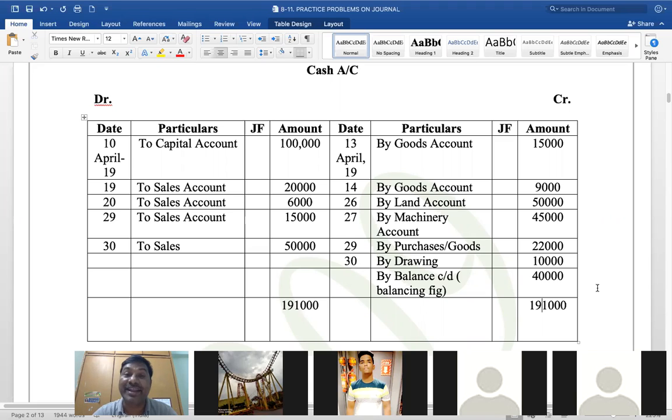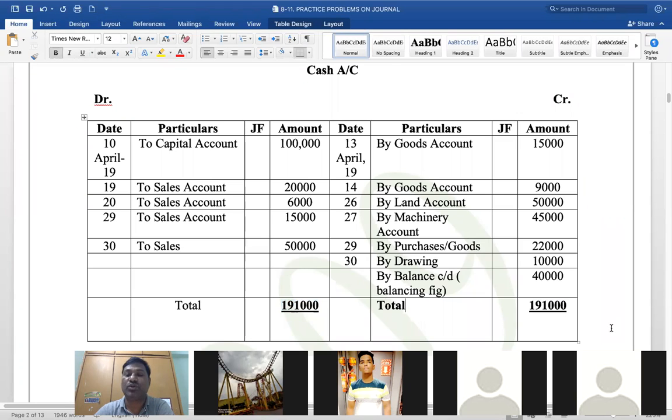That gap-filling figure is known as the balancing figure, and against it we write by balance carried down. This is how we equate the totals. If it is in your notebook, you have to underline this because it indicates total.